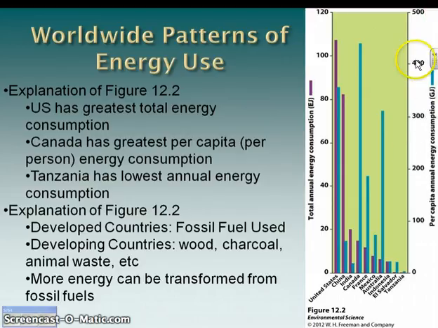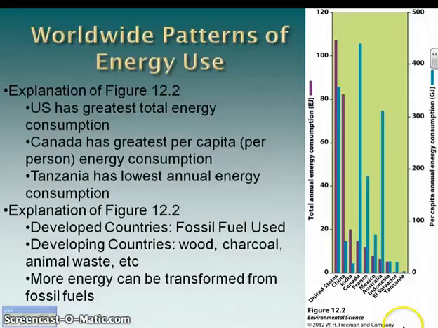If we take a look at the graph, we can see that the United States clearly uses the most energy total. But if we look at the per capita annual energy consumption, we can see that Canada uses the most energy per person. Australia is up there along with the United States as the most energy used per person. And Tanzania has the lowest energy use per person.